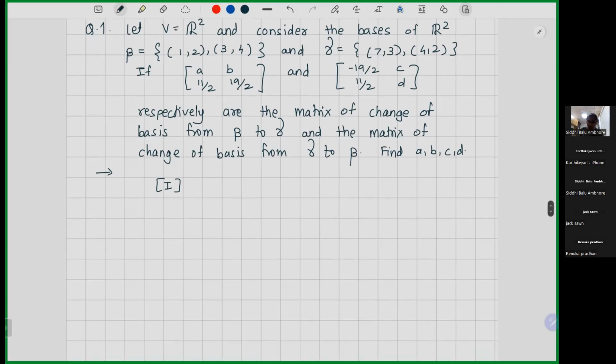Okay, so what we are given basically is that I from beta to gamma is this, 11 by 2, 19 by 2.